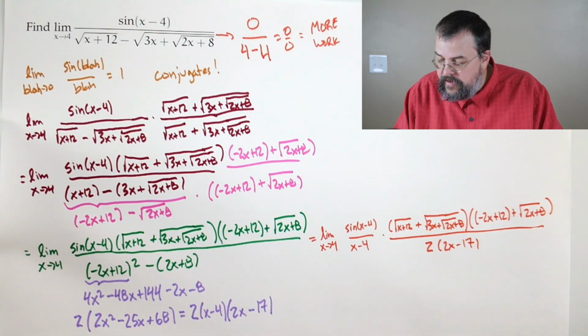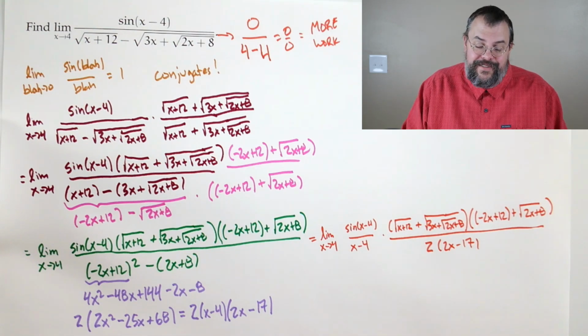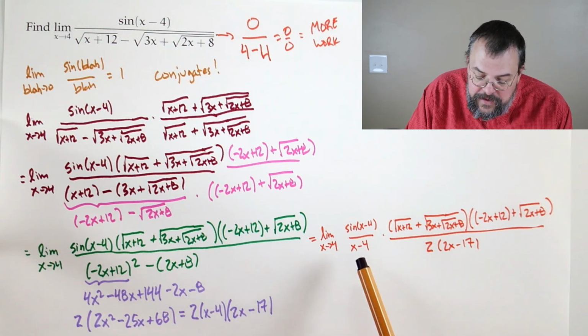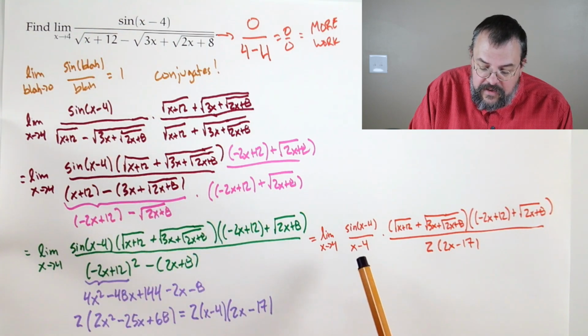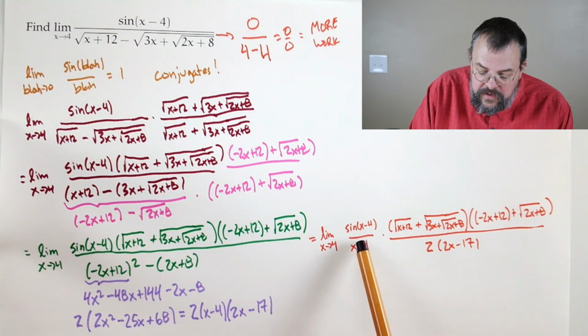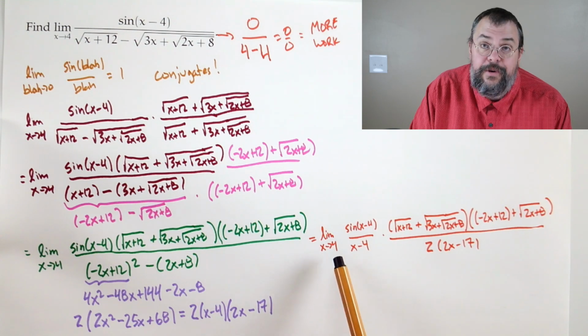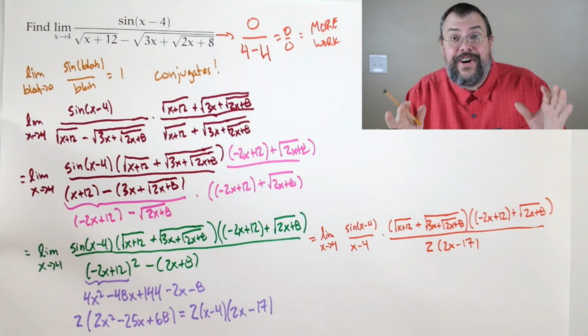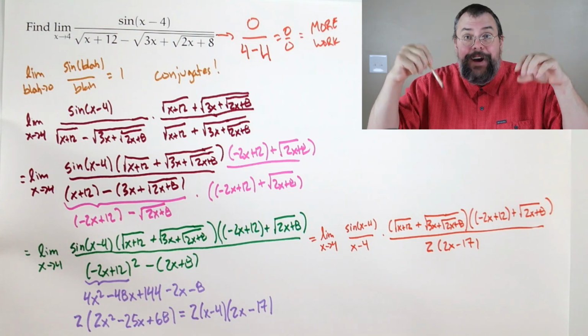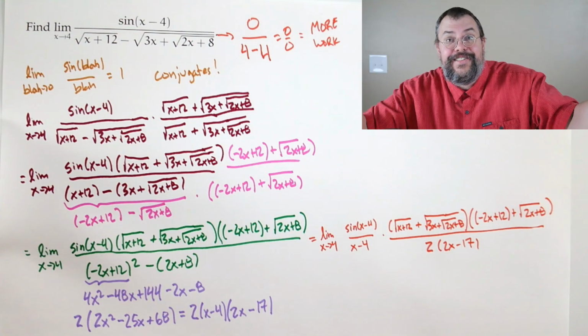Now we go through this and ask ourselves the question, what happens? Here we have x minus 4. They match. That's good. Now you might say, hey, wait a second, is this going to 0? Well, remember, x is going to 4. If x goes to 4, x minus 4 does go to 0. So we're in the right form. Yes, it's going to 0.